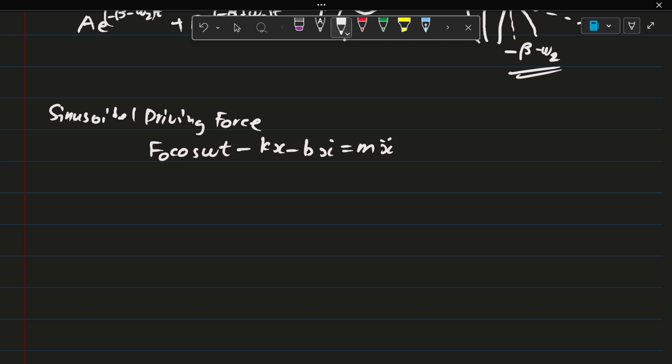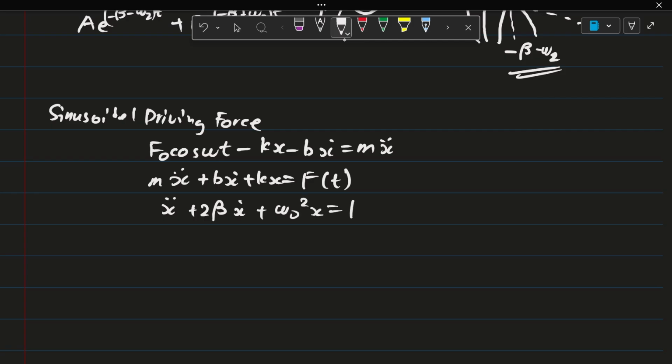We could write this in general as mx double dot plus bx dot plus kx equals the external force. Or you could just divide everything by m to get x double dot plus 2 beta x dot plus omega 0 squared x equaling the outside force divided by m, or basically just the outside acceleration.